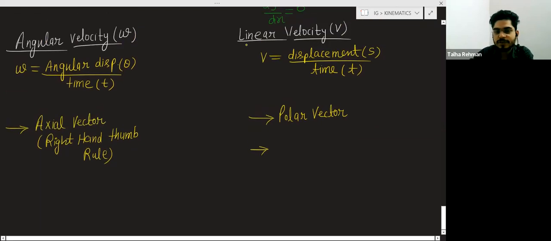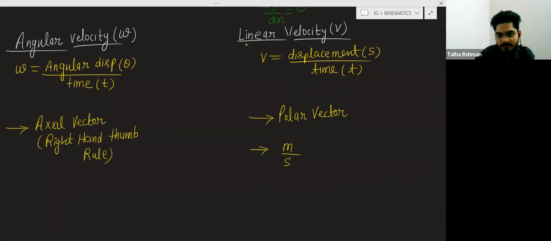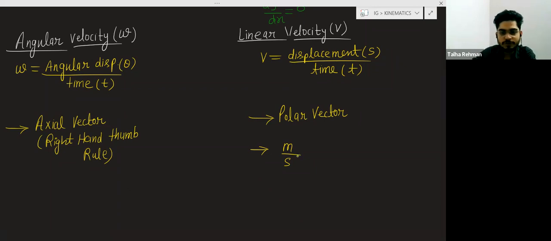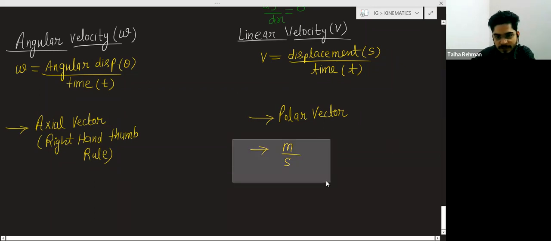What is the unit of linear velocity? Meter per second. Why meter per second? Because velocity is given by displacement divided by time. Unit of displacement is meter, unit of time is second.